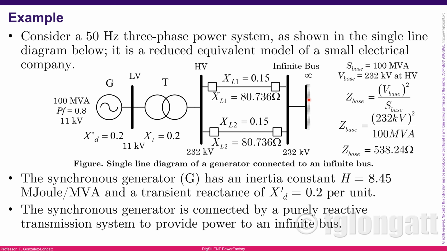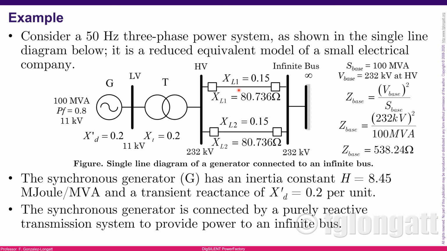I mean, for transmission lines, you need to use the real ohms for the resistance and the reactance, okay? And if you remember, the original data that was provided in this problem was in per unit. For that reason, we need to run some very basic calculations in order to obtain the ohms, the real reactance of this transmission line.